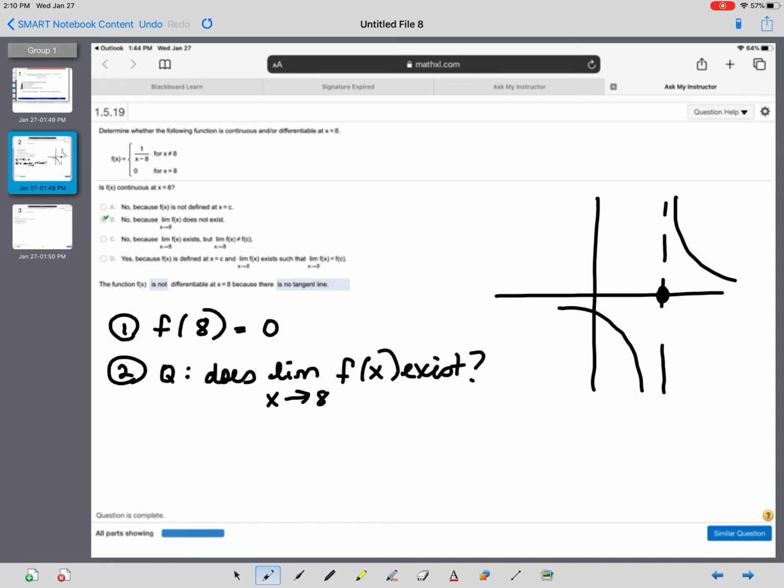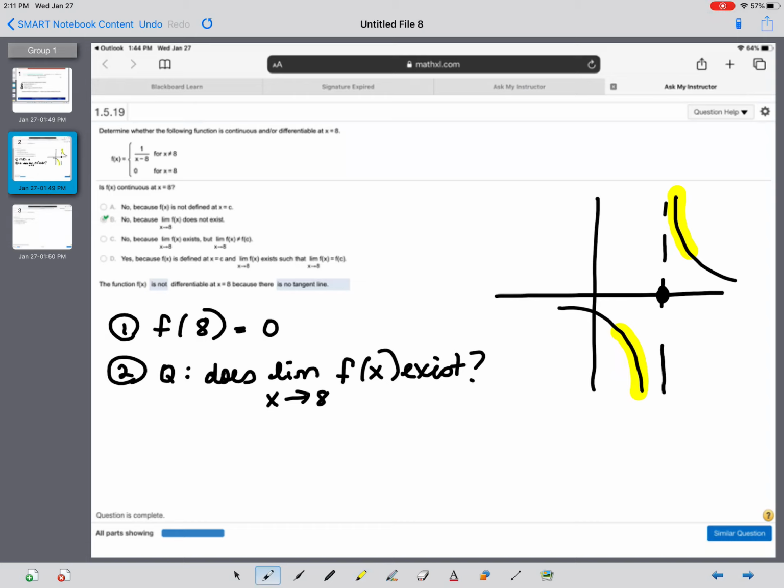So here we can see that as we approach 8 from the left, the limit goes to negative infinity, so our curve is approaching negative infinity. And when we approach the vertical line x equals 8 from the right, we see that the curve continues infinitely upward towards positive infinity. Because those are different values, the left and right hand limits are not the same, so the limit does not exist.